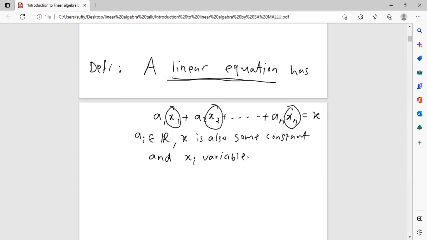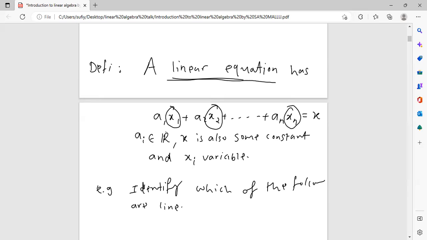If the power of the variables is 1, we call such an equation a linear equation. Let us look at some examples. Identify which of the following are linear equations.